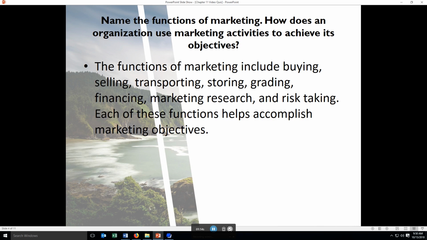Each of these functions help accomplish marketing objectives. So the functions are buying, selling, transporting, storing, grading, financing, marketing research, and risk taking.